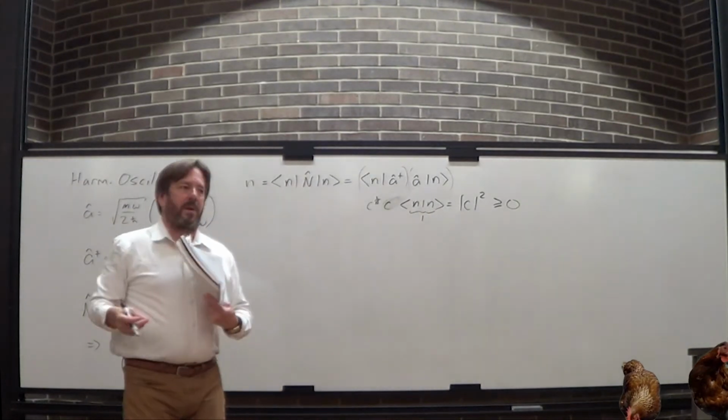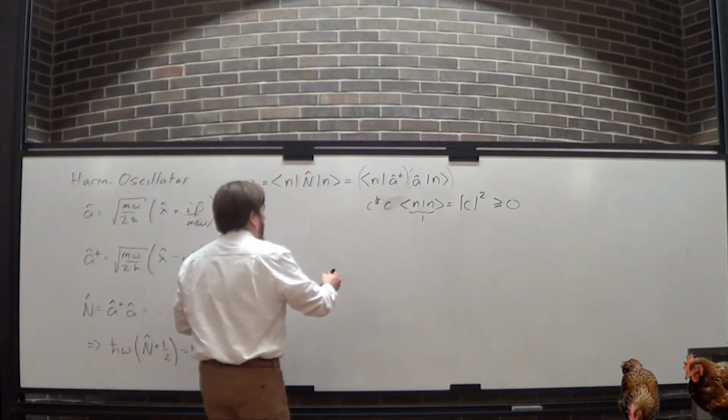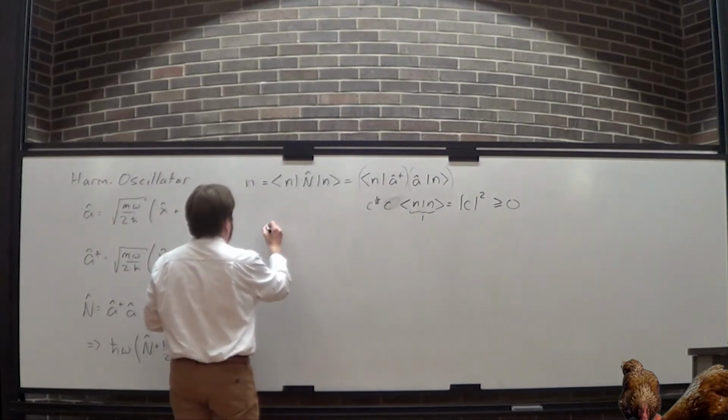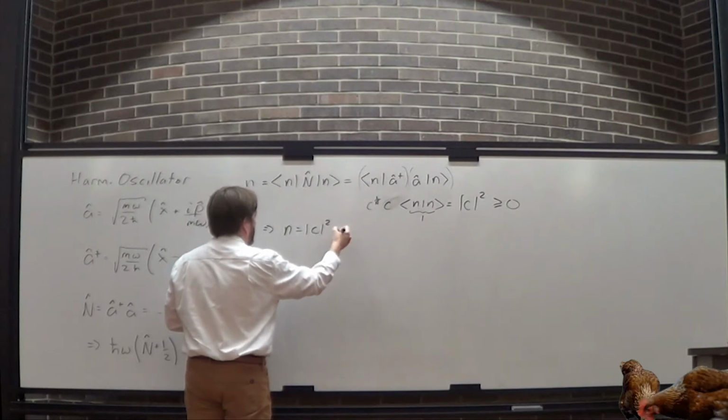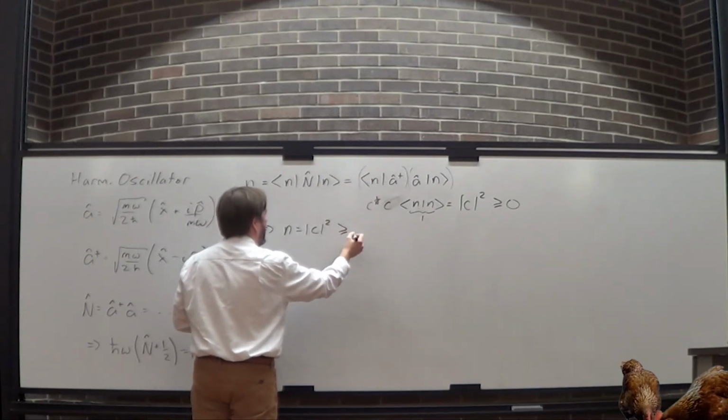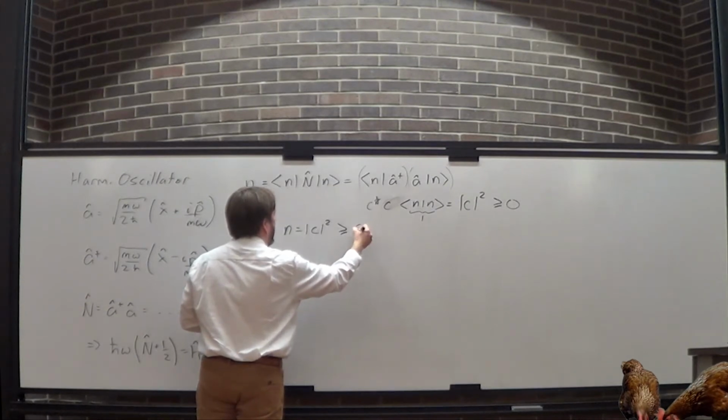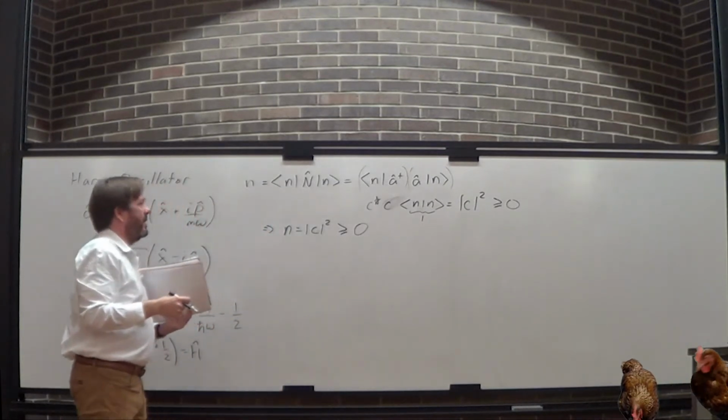Absolute value of anything has to be greater than or equal to 0. All right, so therefore, n is the absolute value of something, which is greater than or equal to 0.